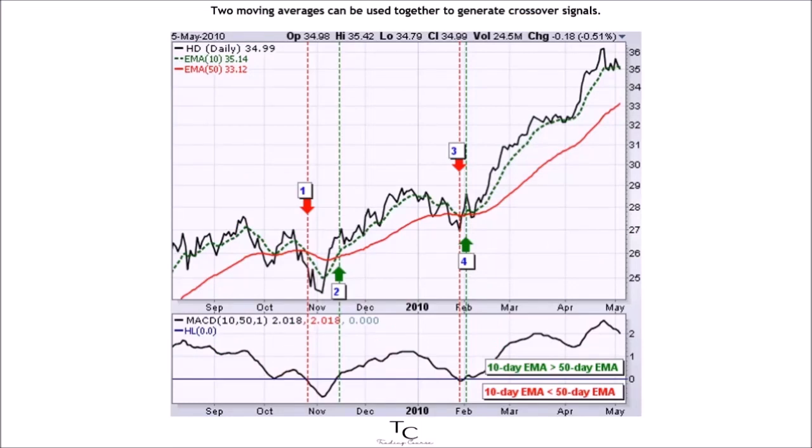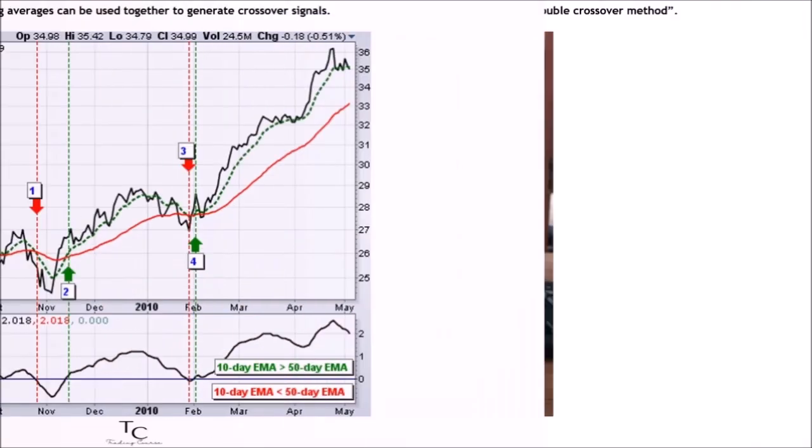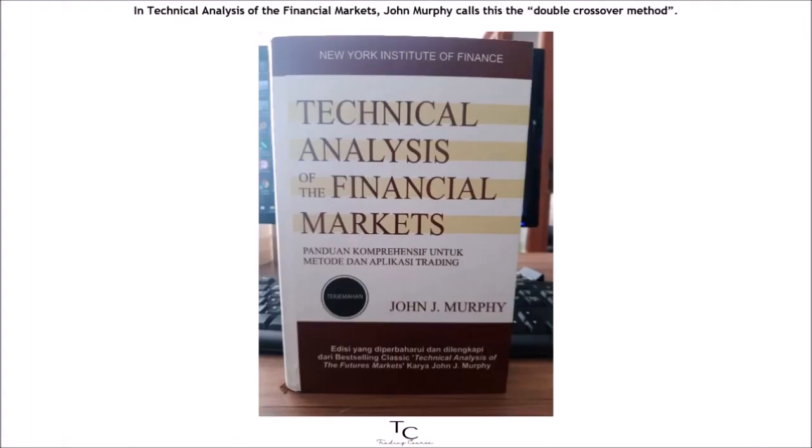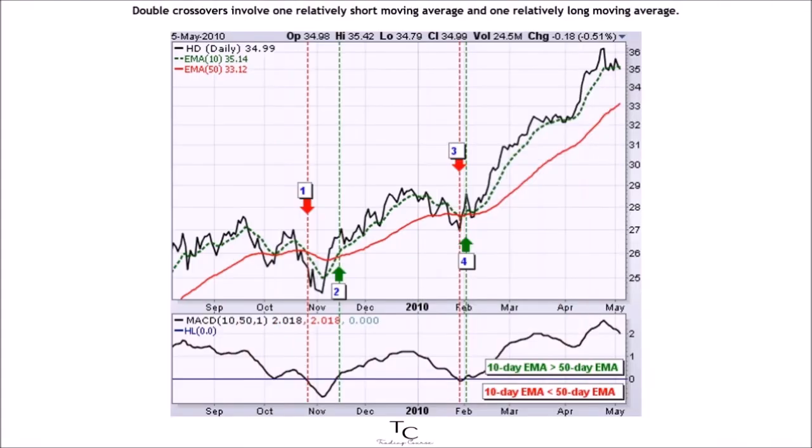Two moving averages can be used together to generate crossover signals. In technical analysis of the financial markets, John Murphy calls this the double crossover method. Double crossovers involve one relatively short moving average and one relatively long moving average.